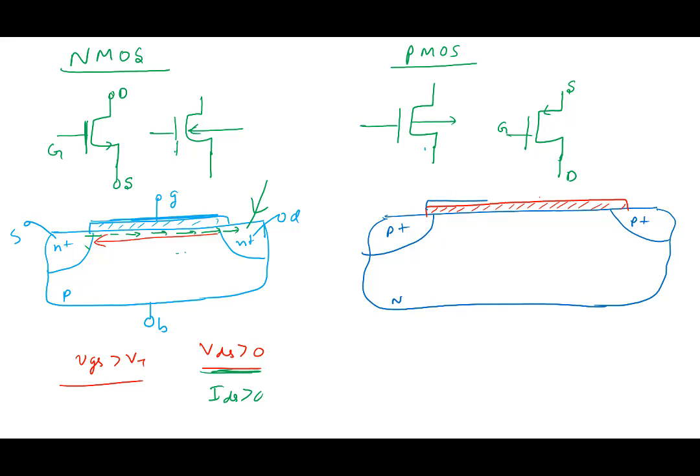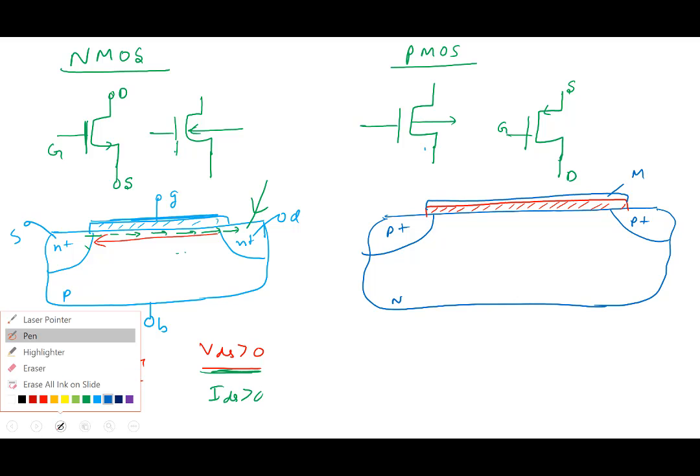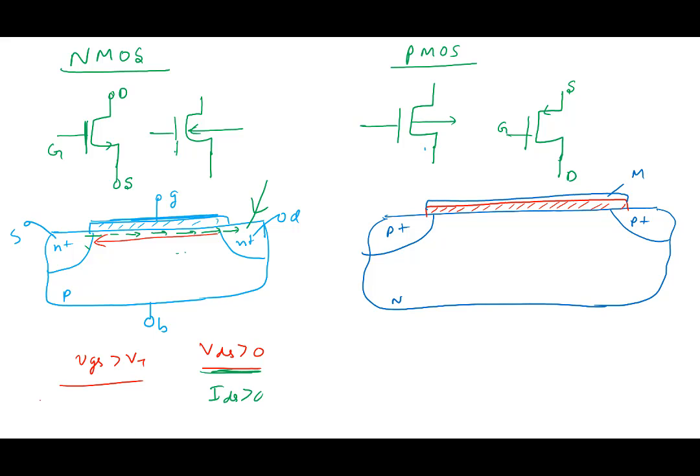So it's an MOS system here, the same metal, metal oxide. In this case, this is the gate here, VG, and the body here. So there are some differences here.